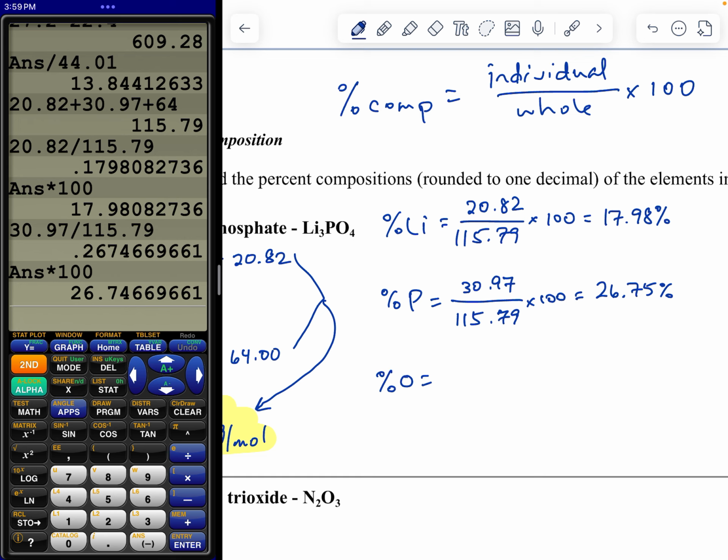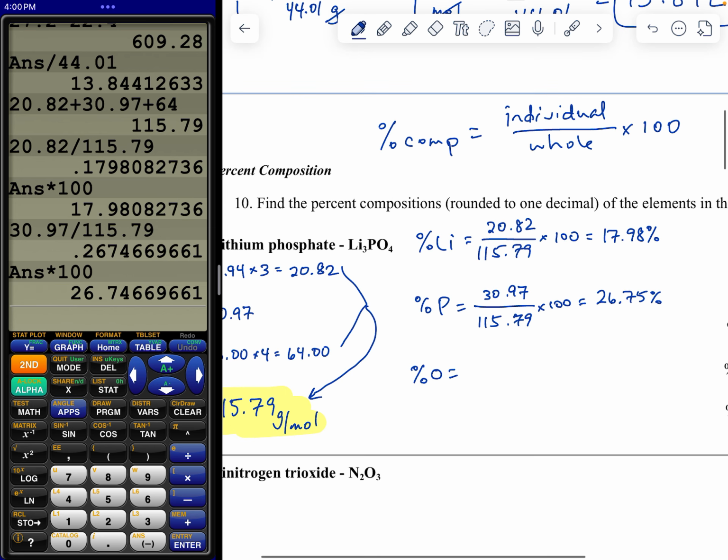And then oxygen. Now, of course, you can find oxygen one of 2 ways. You can take these two, add them together, and then subtract whatever that answer is from 100. That is always a valid way to do the last element percent if you choose. Or you can just continue to stay the course and do exactly what we did before. It works either way.